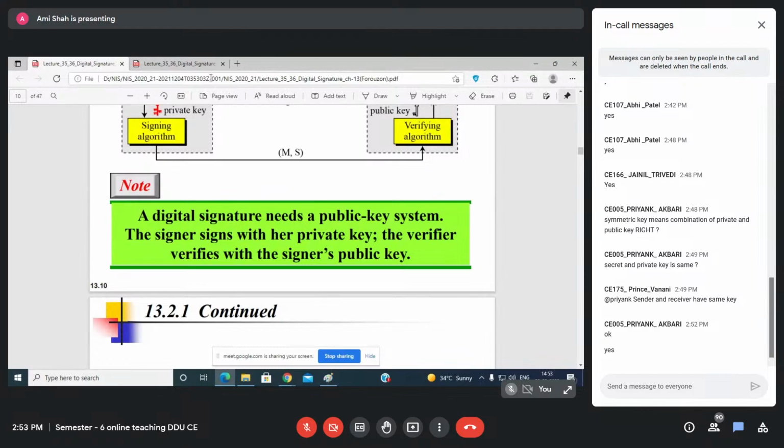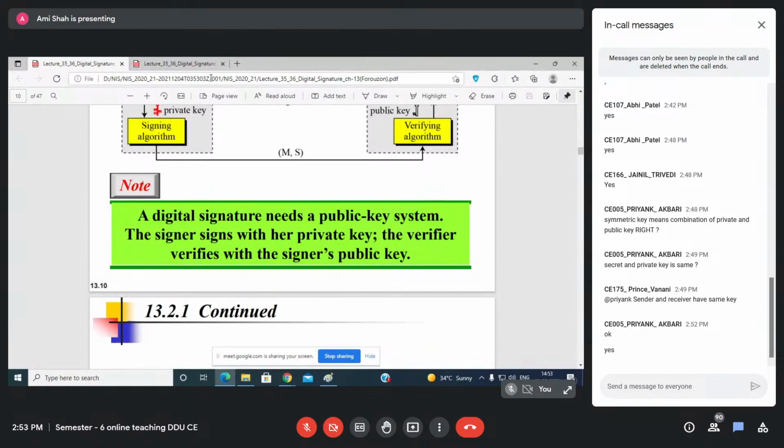Suppose Alice needs to sign another document and send it to another party, Ted, instead of Bob. If Alice wants to communicate with Ted, then again she needs to use another secret key. Got it? What I'm trying to say?